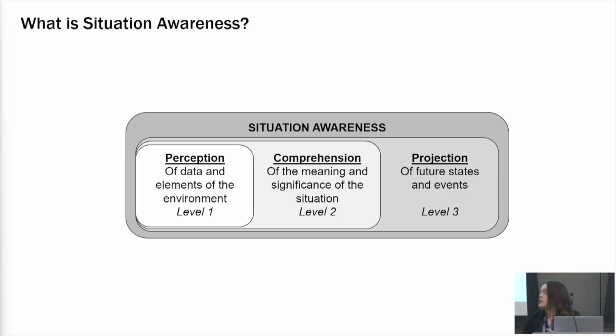At level 2, we have comprehension. So we have taken this raw data, we have perceived it, we have interpreted it in some way. We are engaging in these higher order cognitive processing functions where we are identifying objects and patterns and evaluating their utility and their meaning and how we may or may not be able to use those in a future decision.